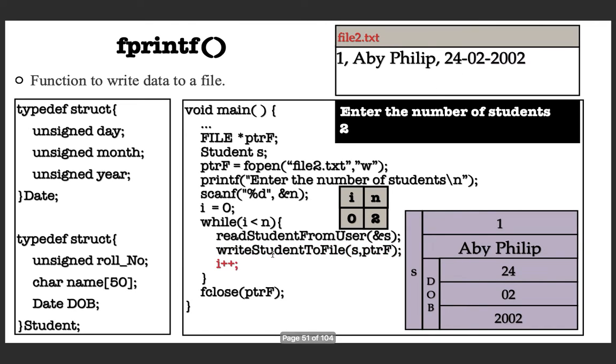Coming down to i++, i is now 0, will be incremented to 1 if you execute, yes. Going back to the condition checking, now value of i is 1, which is less than 2, again true. Coming down, now assume that the function is executed and you are getting this new value for the next student.